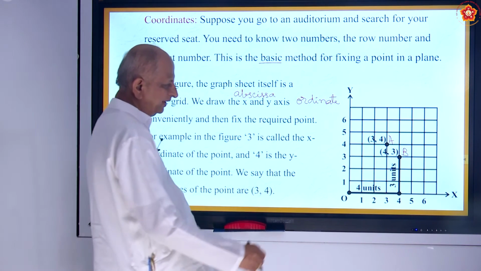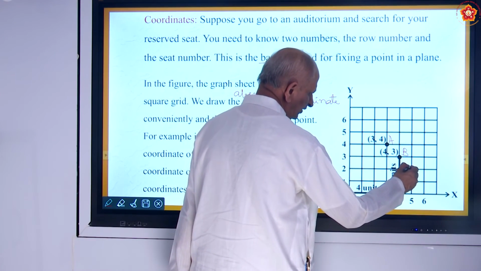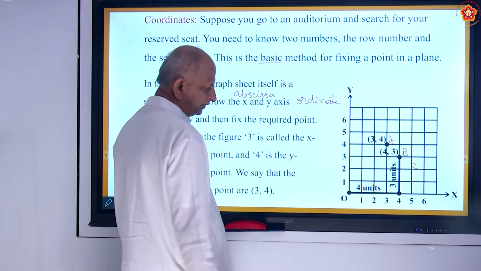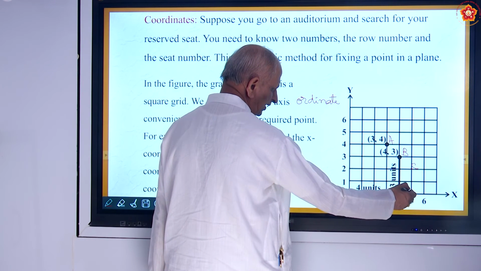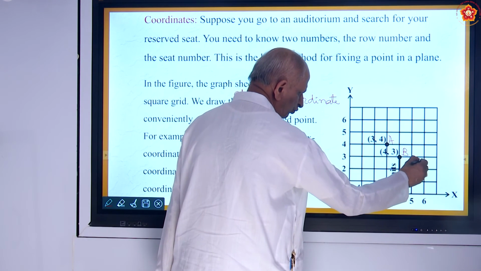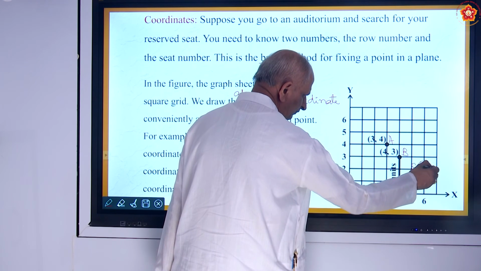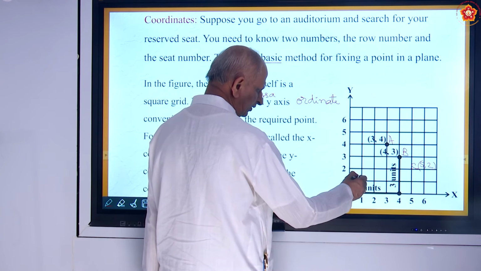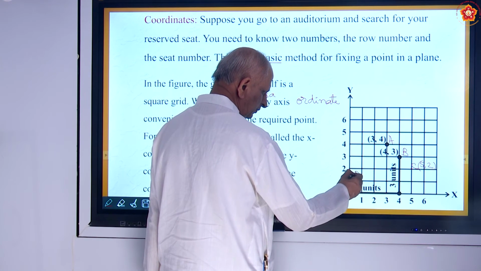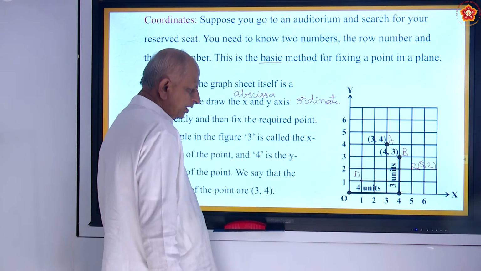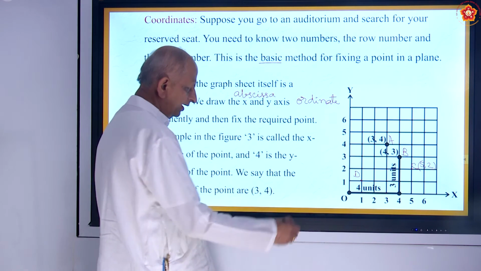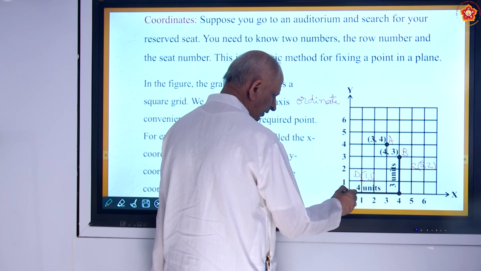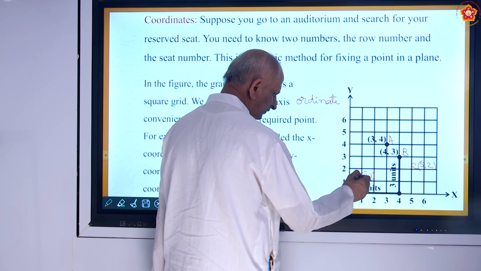Come on, you try one more point called C here. What is the coordinate of C? C is horizontal line 5, vertical line 2. So 5, 2, C. Okay, and suppose you have a point called D here. How do you locate it? You say 1, 1, you must write in brackets, 1, 1. 1 point on the x-axis, 1 on the y-axis.